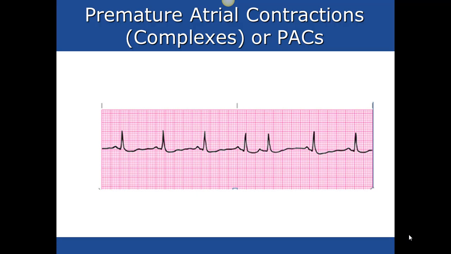If two sequential PACs occur, those are called bigeminy. Every other beat is a PAC, and that's known as trigeminy. It's important to remember that premature atrial complexes look much like the normal complexes of the underlying rhythm.